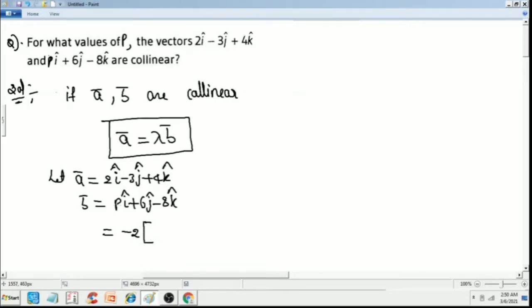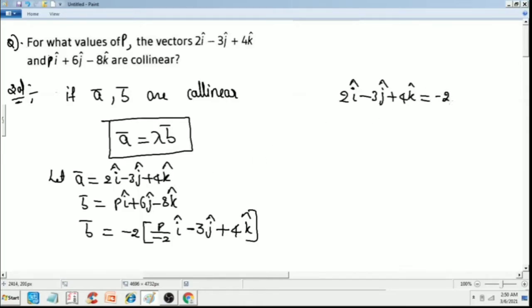If I take minus 2 common, then I get p by minus 2 i bar, minus 3j bar, plus 4k bar. So here we have b bar equal to this part and a bar is this. Let us equate a and b: 2i minus 3j plus 4k is equal to minus 2 times of p by minus 2 i bar minus 3j bar plus 4k bar.